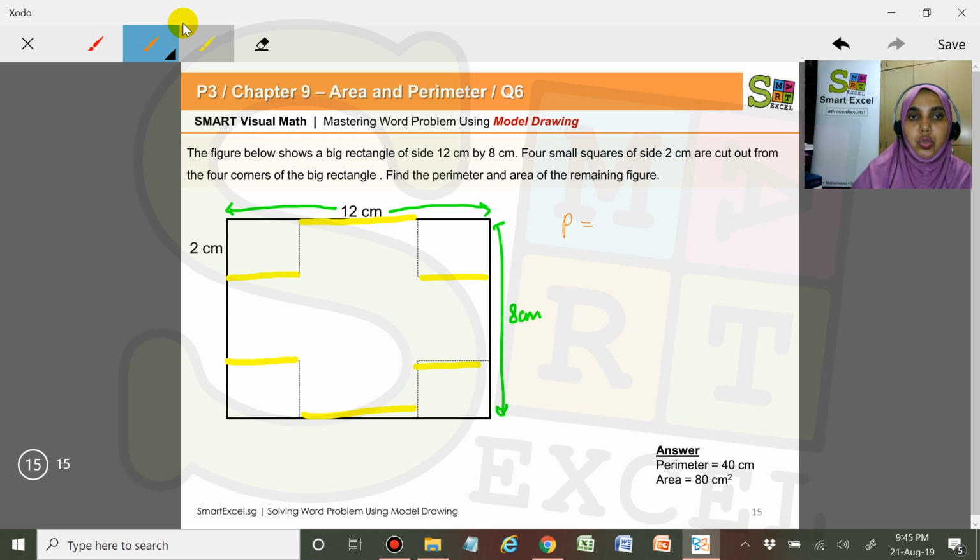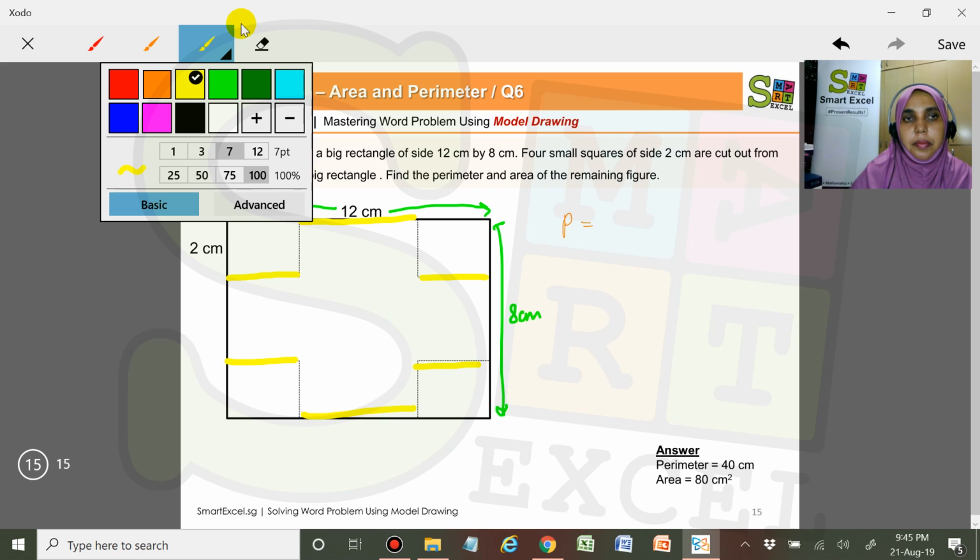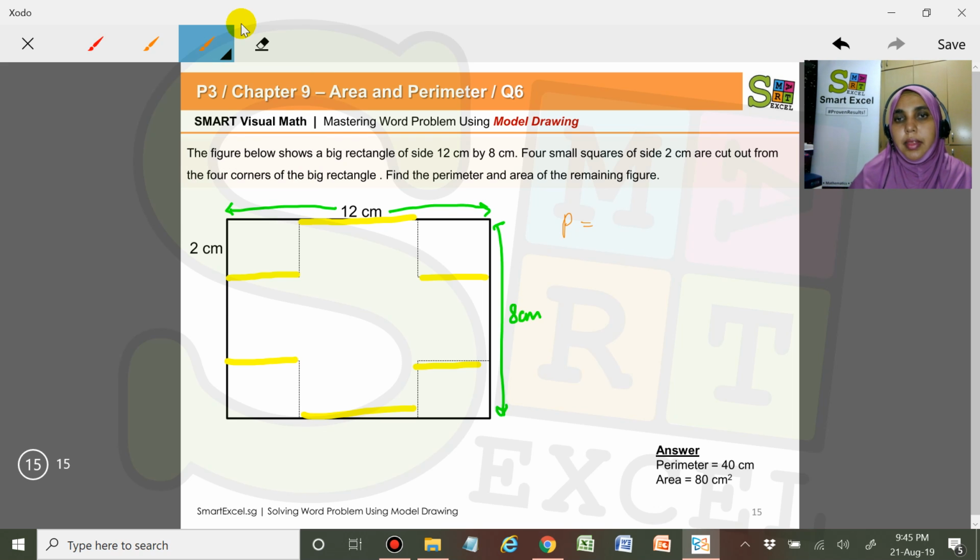Perimeter is equals to, we have 12 and we times 2 because it's two sides, plus, let's look at this.